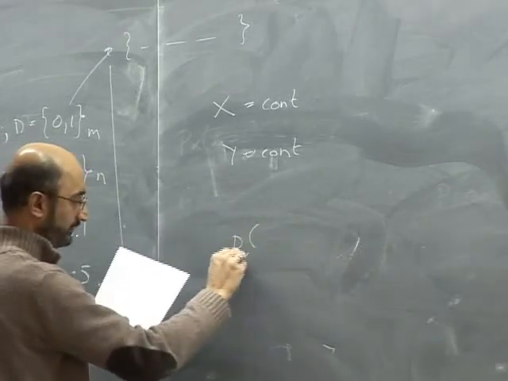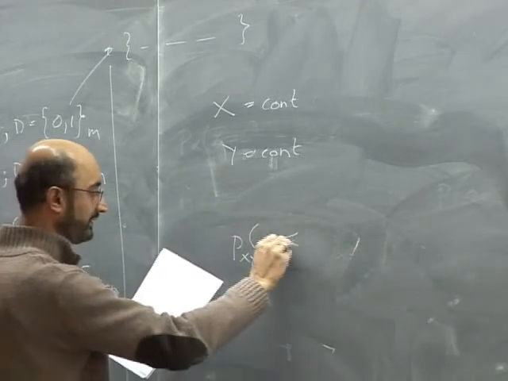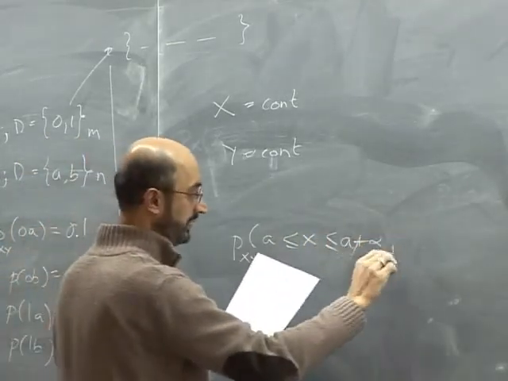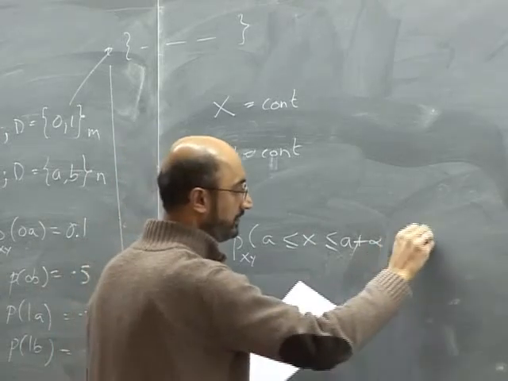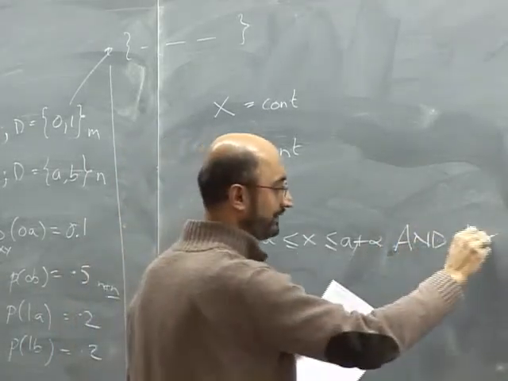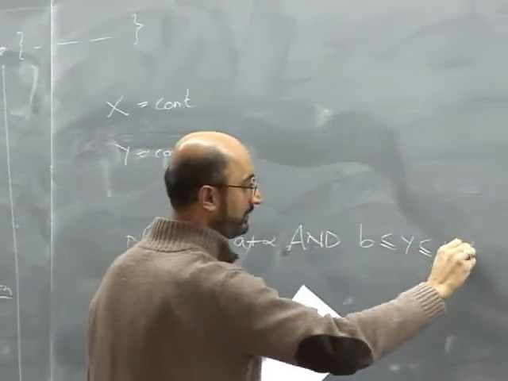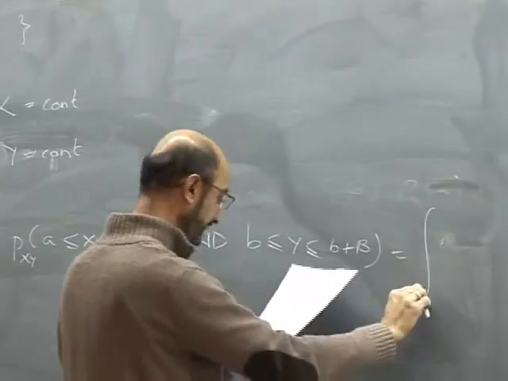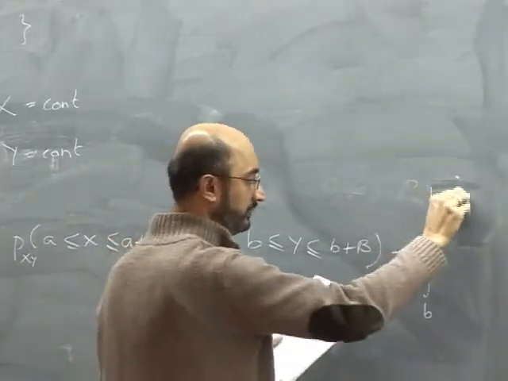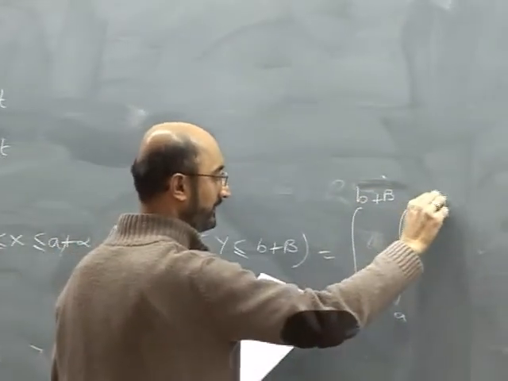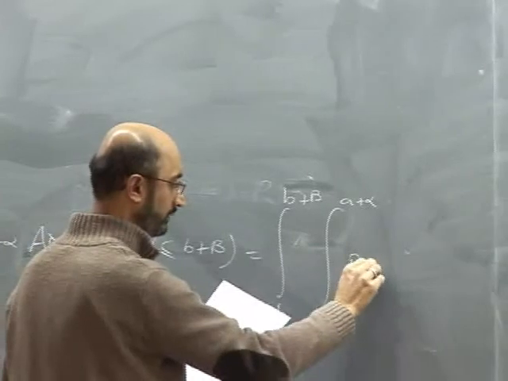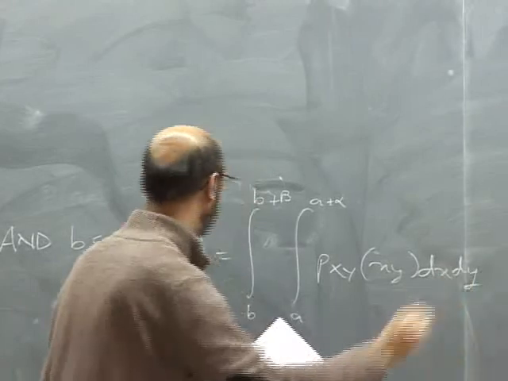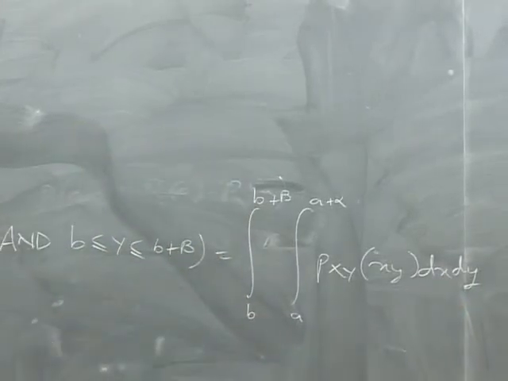P of a is less than or equal to x, less than or equal to a plus alpha, and b is less than or equal to y, less than or equal to b plus beta, is equal to this double integral, b to b plus beta, integral a to a plus alpha, p xy of x, y, dx, dy.